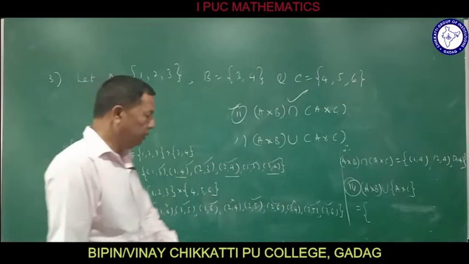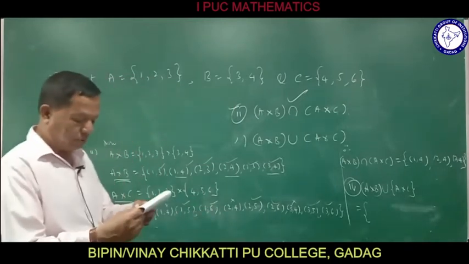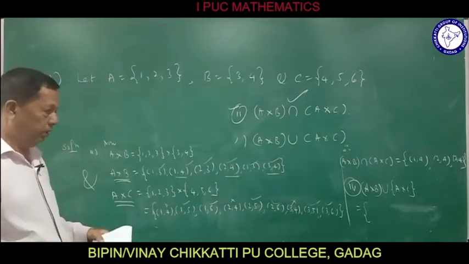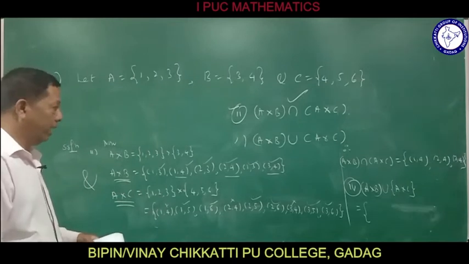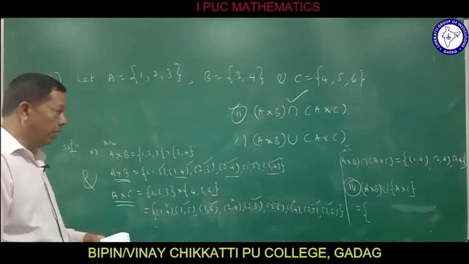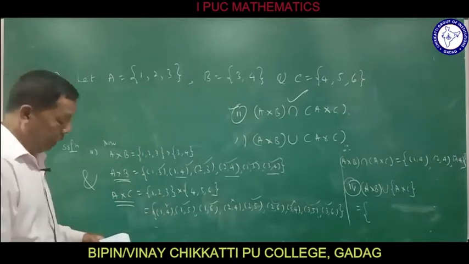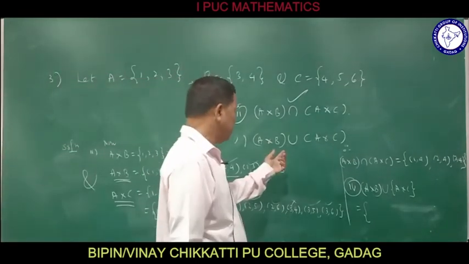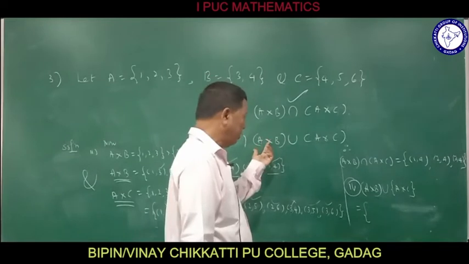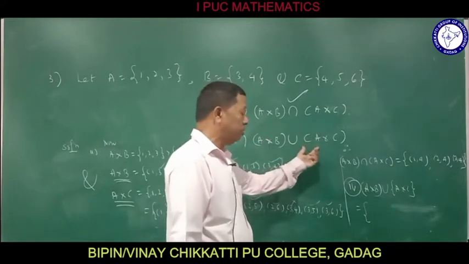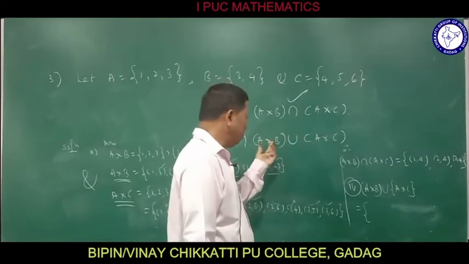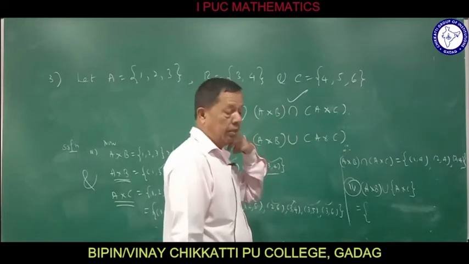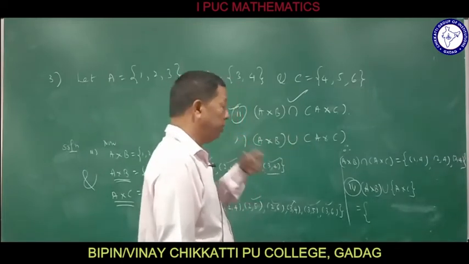Means that in the union you have to write only the elements of A cross B, elements of A cross C without repetition. Union means all elements of this and all elements of this, either this or this. That you can write without repetition.